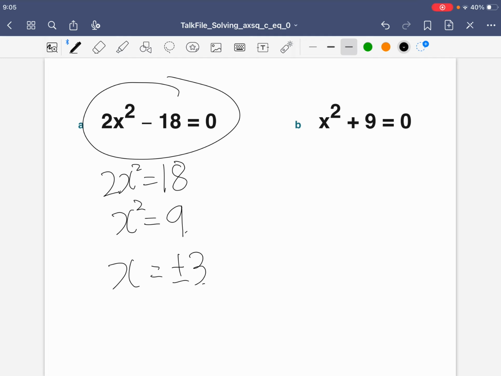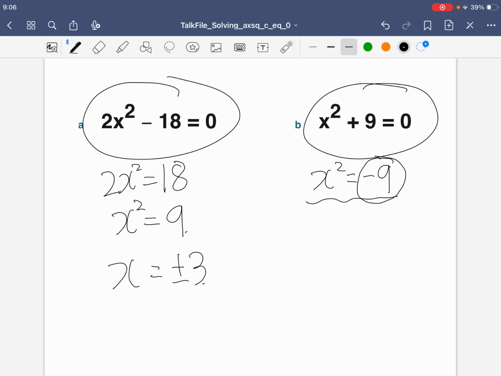What about this one? x squared plus 9 equals 0. It's also the same. Just isolate this x squared, and then you get negative 9 on the right hand side. Now it's an issue. Why? Because negative 9 doesn't have any square root.